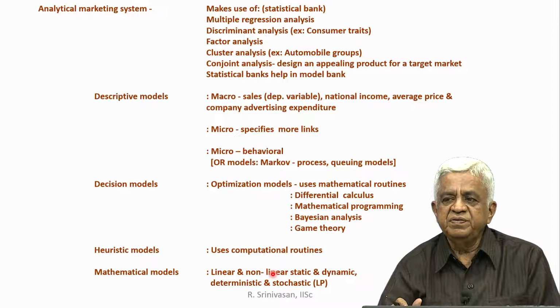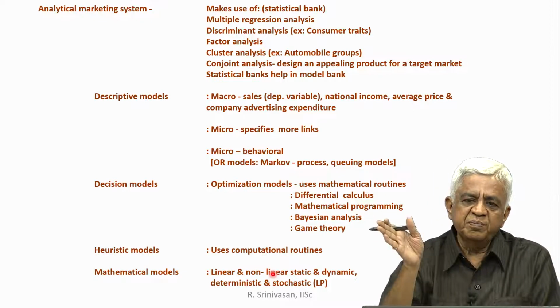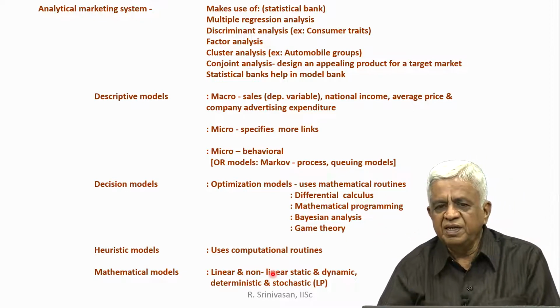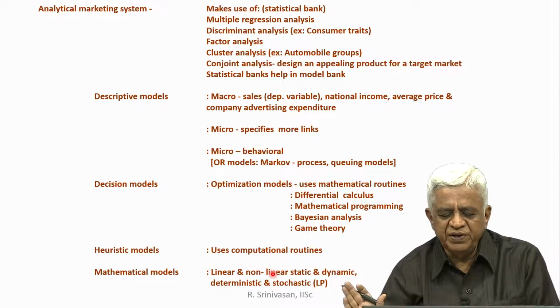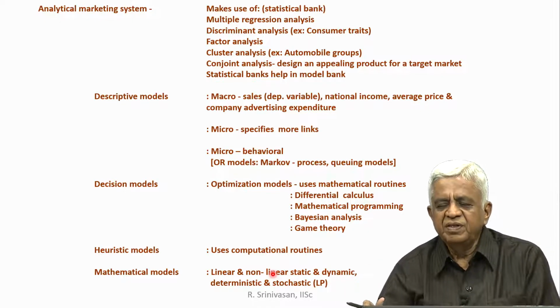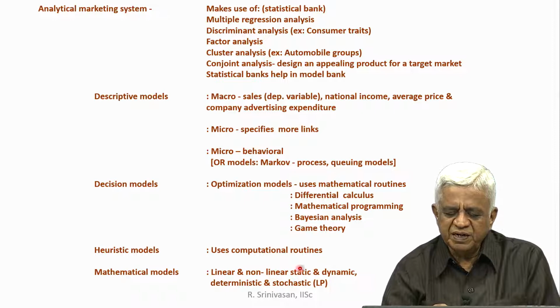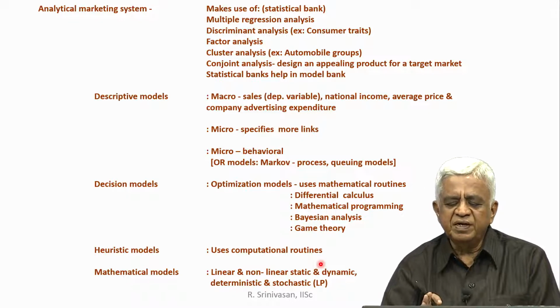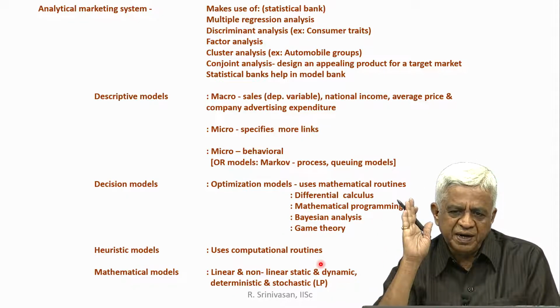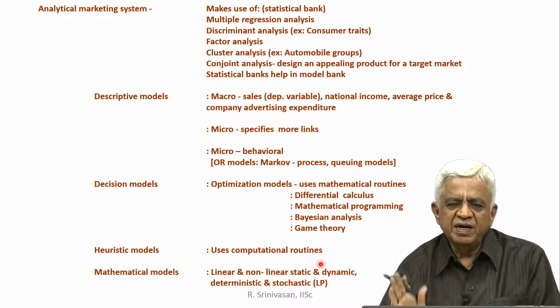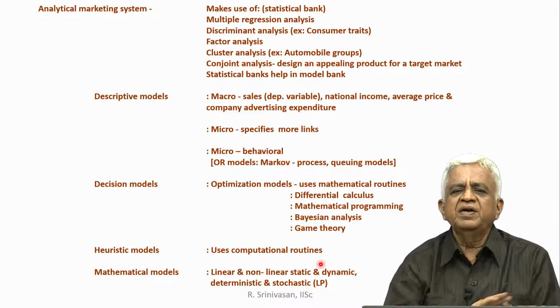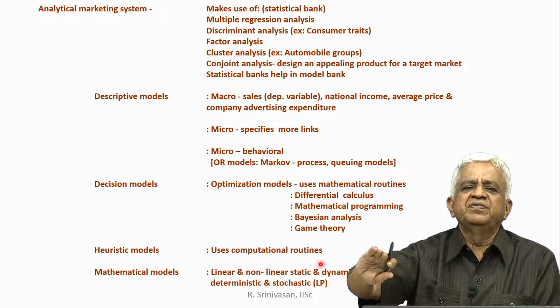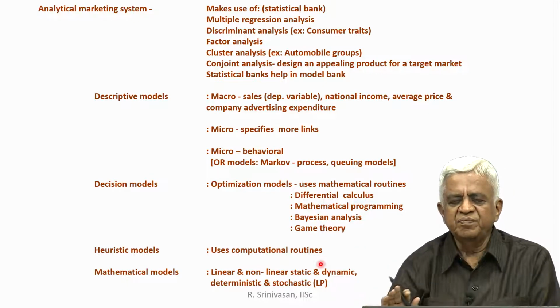Linear regression means it follows a straight path, non-linear it does not follow a straight path. Then we may look at static model and dynamic model. Static model where we look at one particular time horizon. A dynamic model we are looking at different time horizons, it is a continuous one.